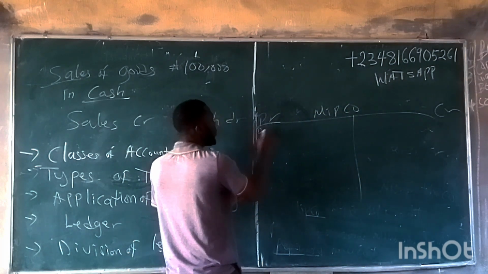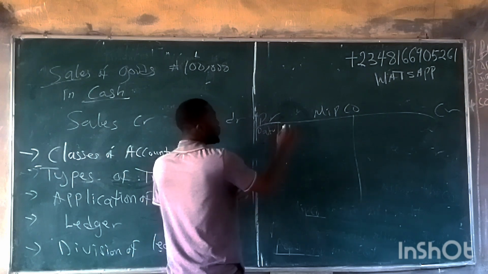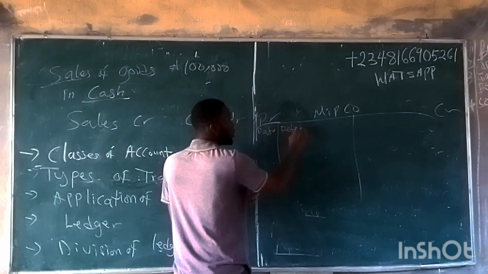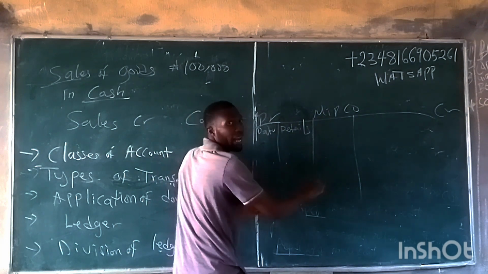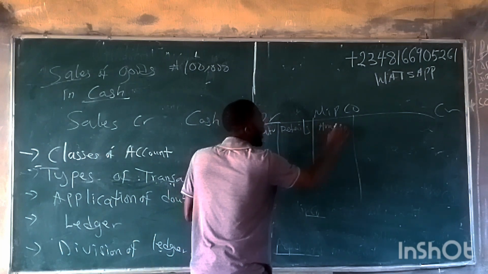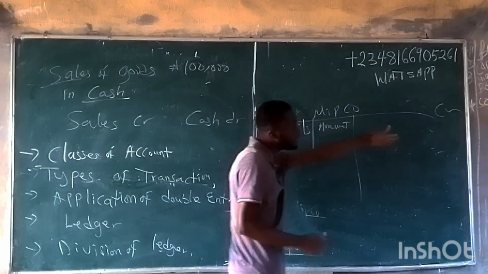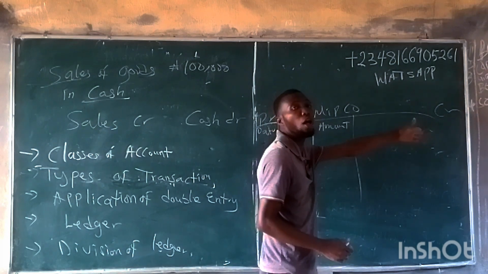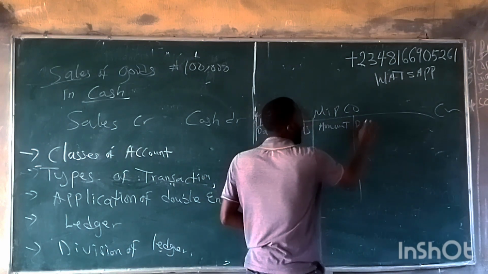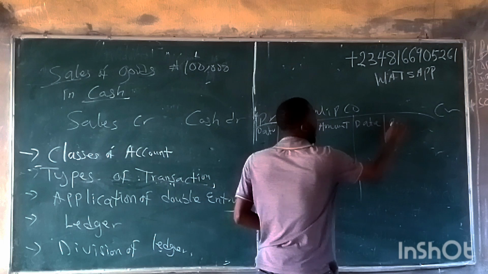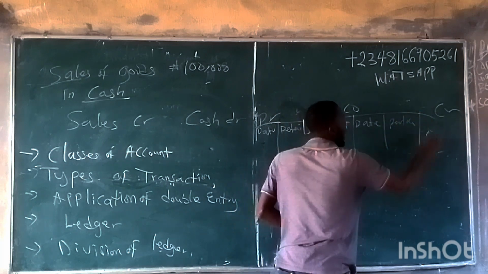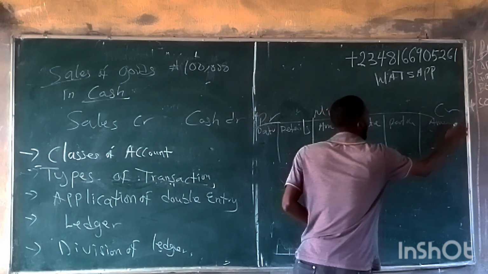Now, we have the date, then the details, and then the amount. That's the debit side on your left. Then the same thing is done on the right hand side. We have the date, the particulars, then the amount.